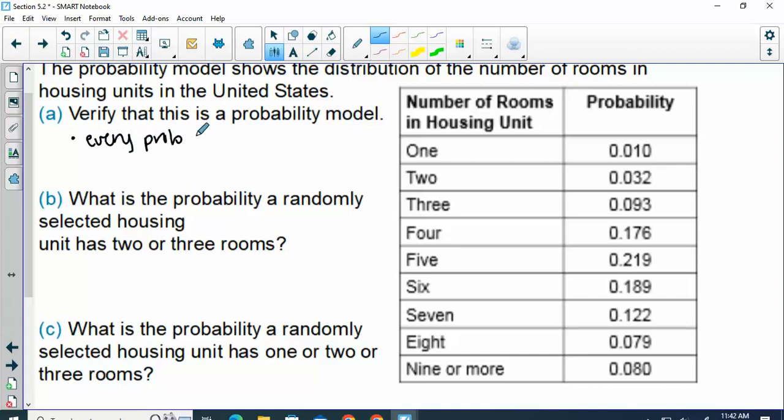So all of them are between 0 and 1. Add it up real quick and make sure it does add up to 1. It does? So this is in fact a probability model.